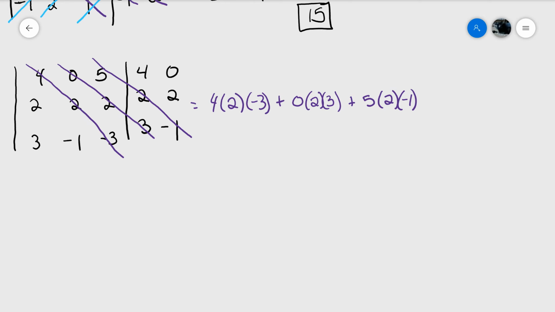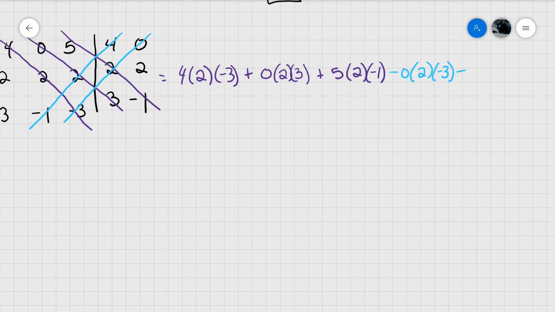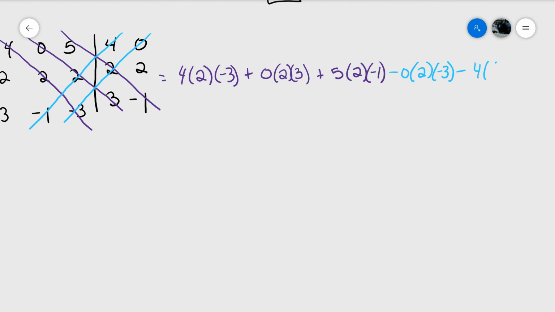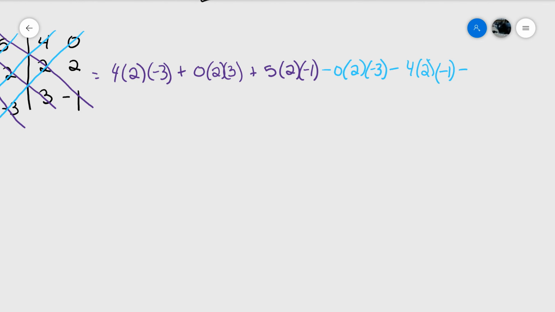Now I'm going to reverse direction, so I'm subtracting. What is that? 4 times 2, times 2 times negative 1. And lastly, we get 5 times 2 times 3.